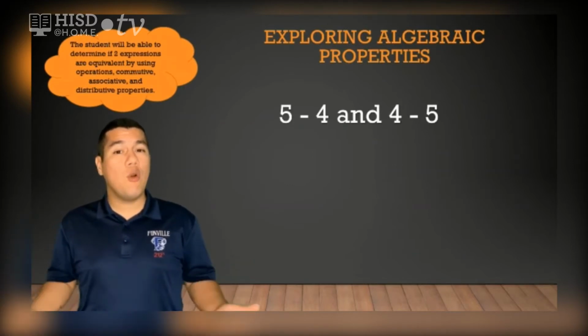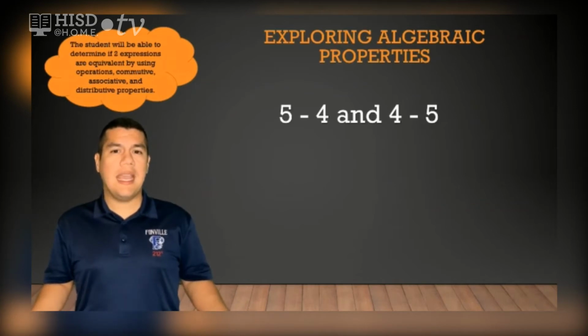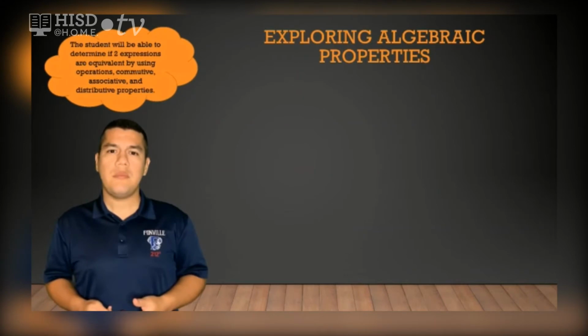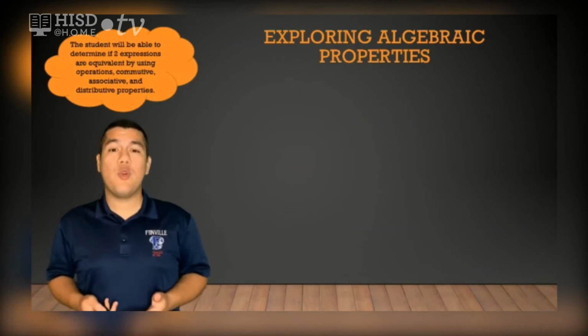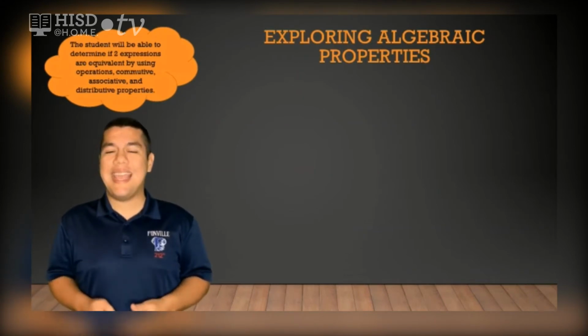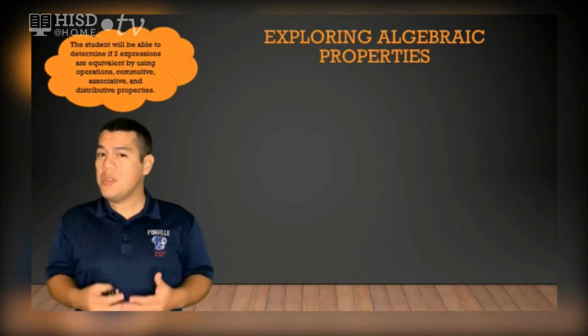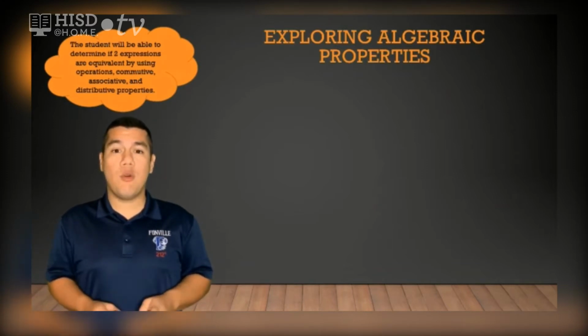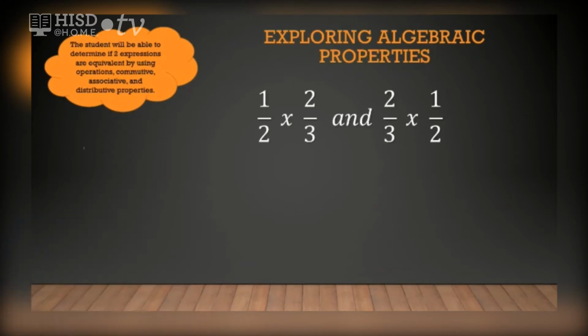If I have 4 positives and then I subtract 5 units, that means that I'm going to get a result of negative 1. So the commutative property doesn't apply for subtraction.